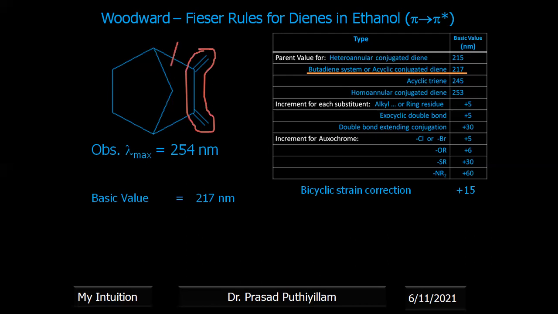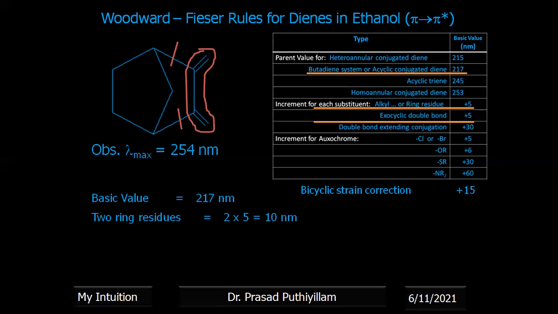And the ring residues: these two bonds are connected to the carbon containing the double bond. Here one substituent, here one substituent, we call it a ring residue. So two ring residues are there. We need to add 5 for each, so 2 into 5, that is 10 nanometer.